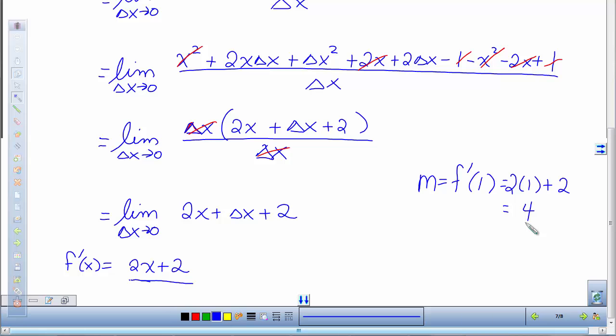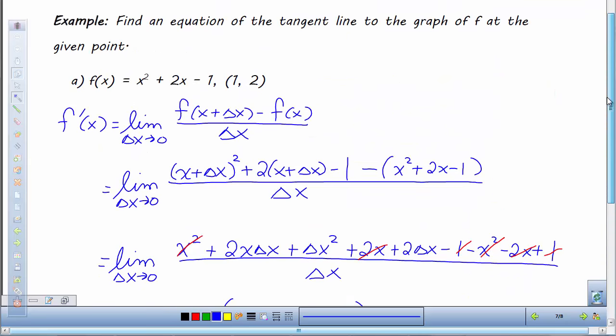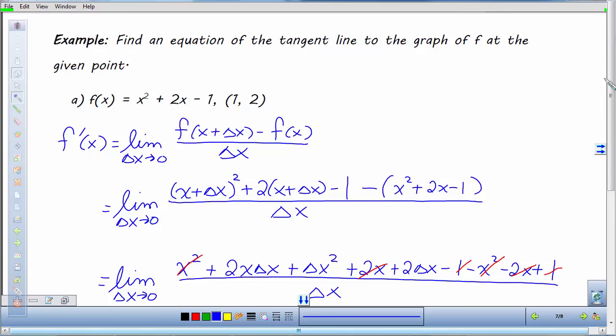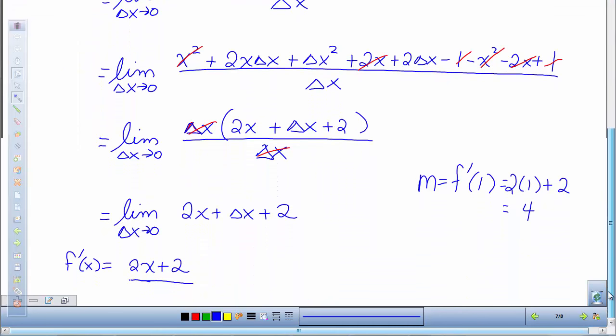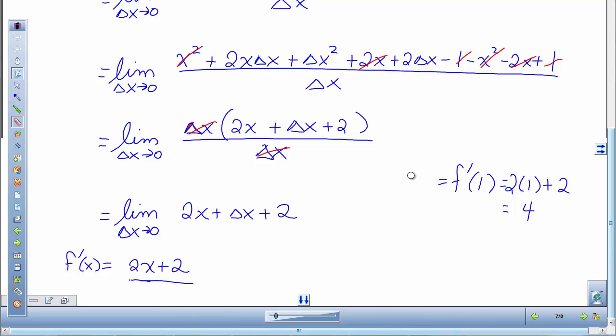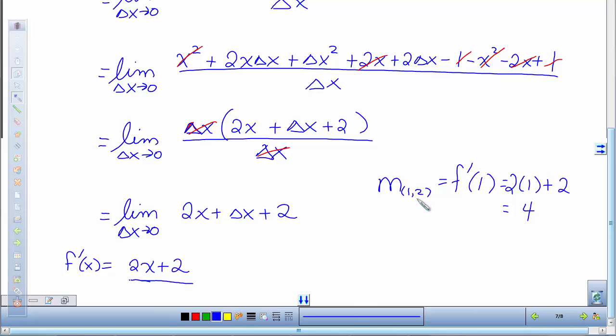At the point 1, 2, on this original function f, I have a slope of 4. Now that I have a slope and I have a point, in fact, sometimes I like to write m like this, so that I know I'm looking at the slope at a particular point.